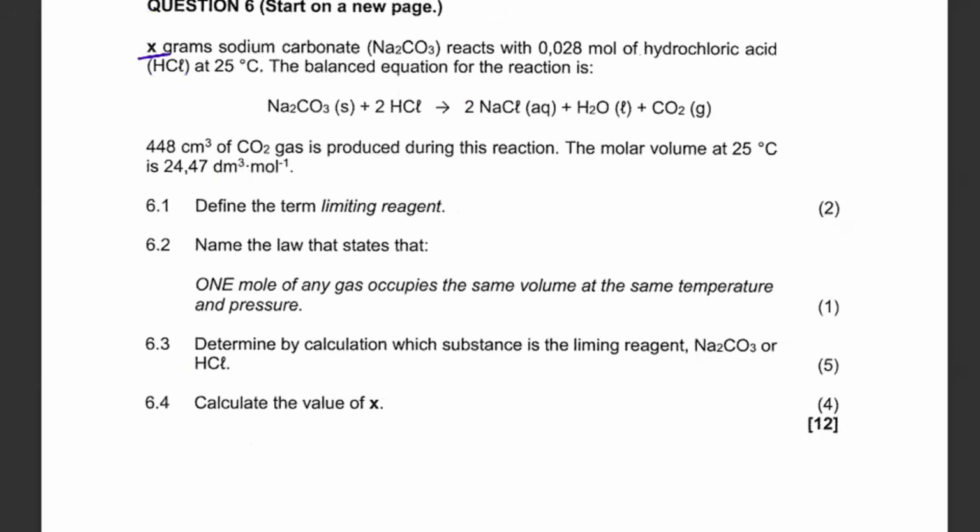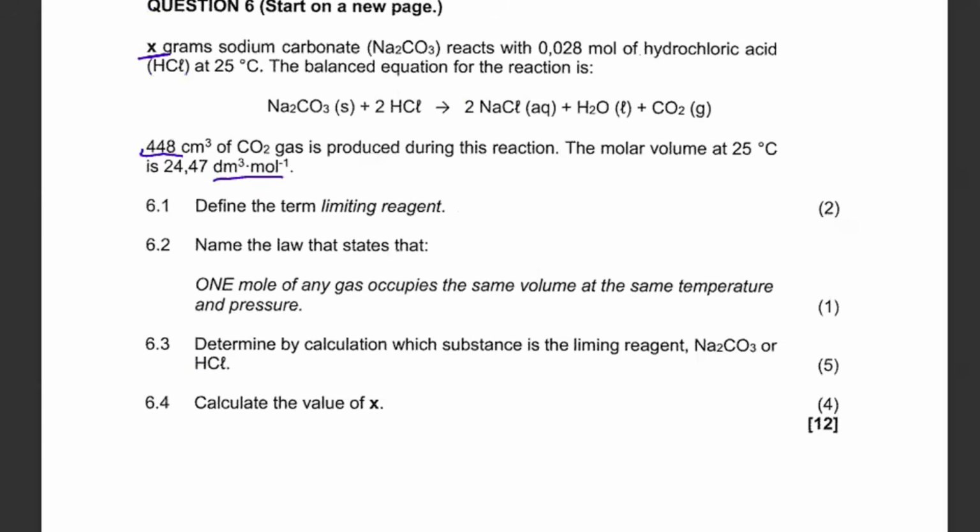We're given the balanced equation for the reaction. Then we are told 448 cubic centimeters of carbon dioxide gas is produced during this reaction. The molar volume at 25 degrees is 24.47 dm cubed per mole.